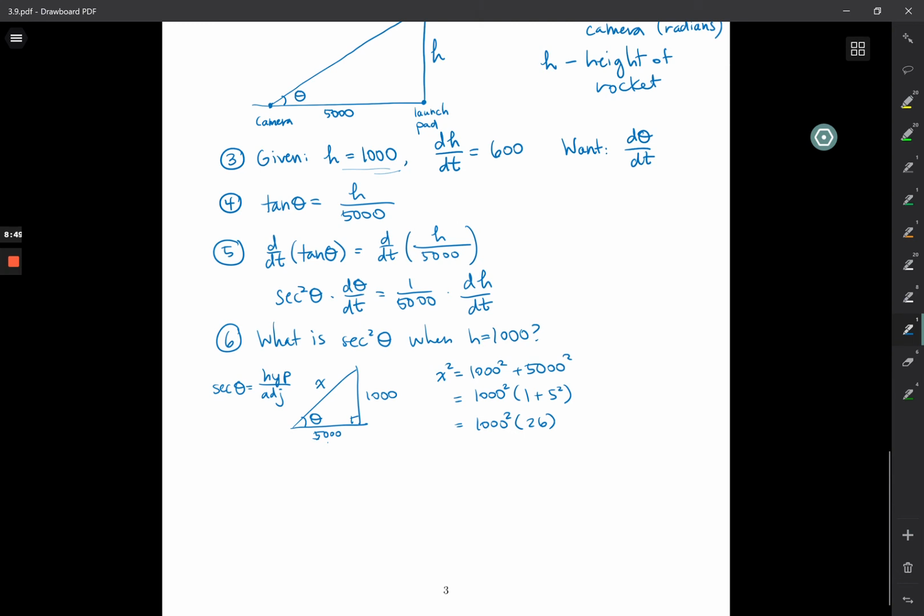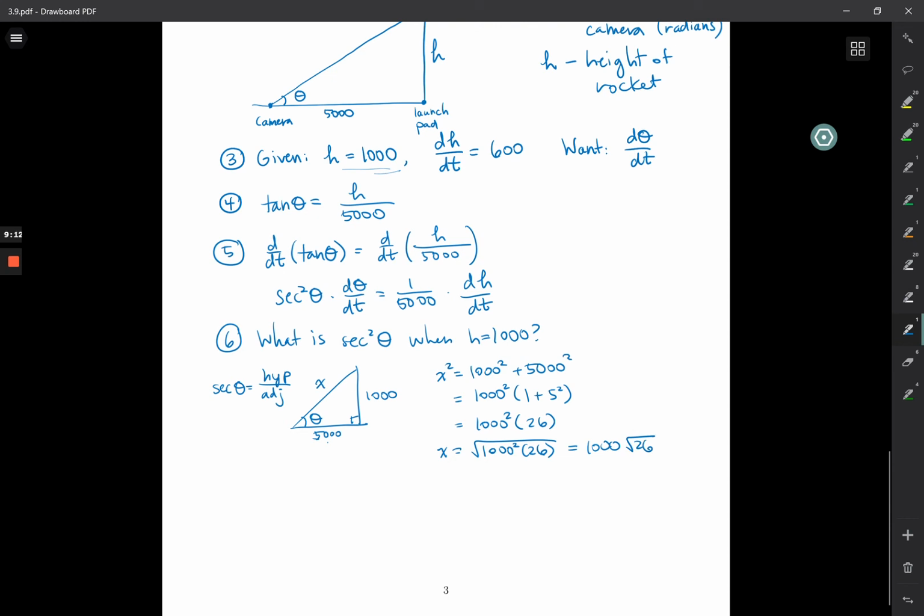Okay, so to get the value of x, we can take the square root of both sides and remember that x will be positive, so we don't need a plus or minus in this case. 1,000 squared times 26, and so we can rewrite that as 1,000 times square root 26, right?